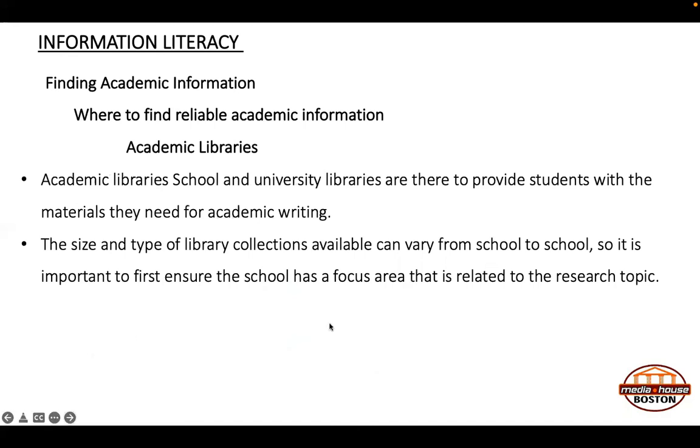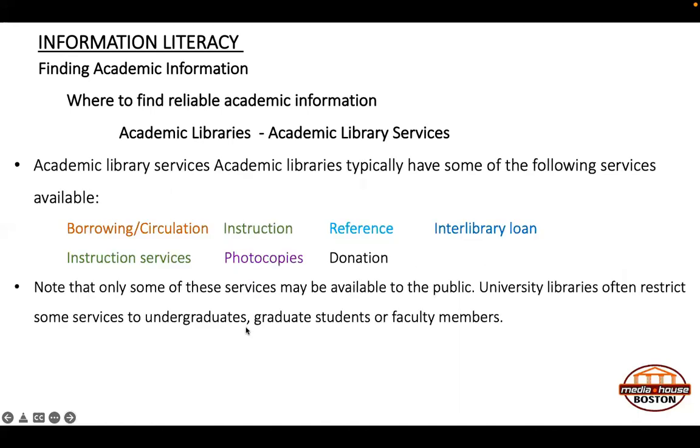And of course, the size of the library will depend from school to school. I've been to Wits library once. I've been to UNISA's library as well, okay? So they obviously will have a lot of academic information that we can use and research for the topics that we are writing about.